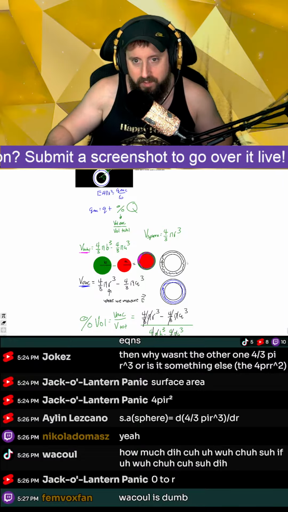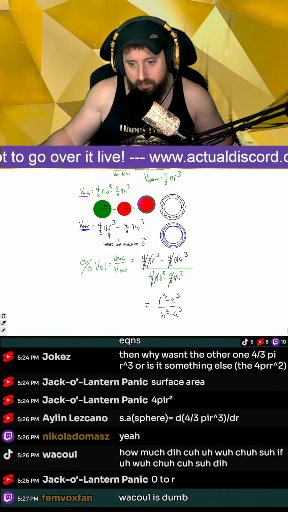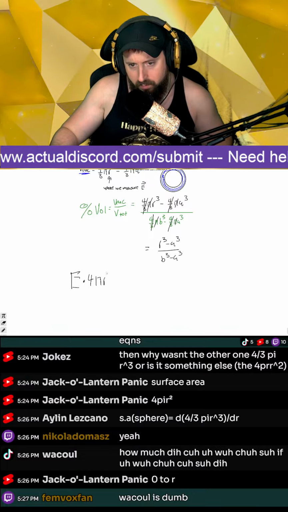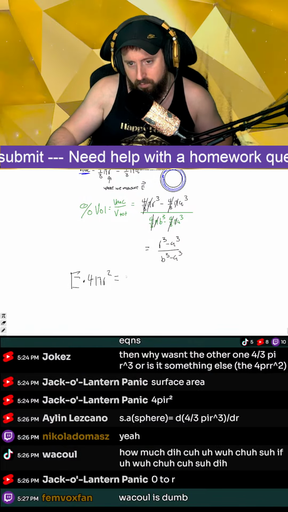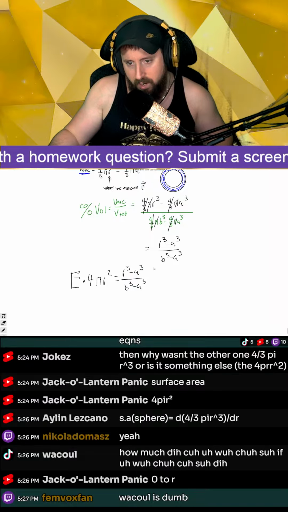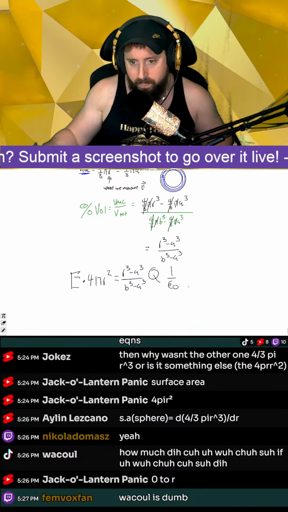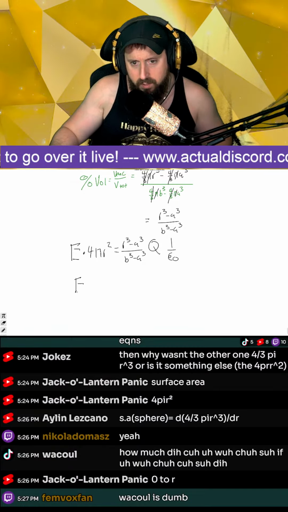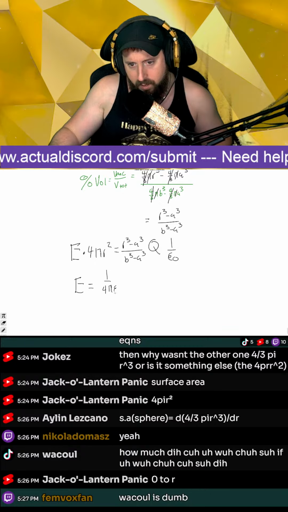And then Gauss's law from before is E times 4 pi r squared. So you have E times 4 pi r squared is equal to Q enclosed, which is the percentage of the volume times Q, all over epsilon naught. So, eventually you get E is equal to 1 over 4 pi epsilon naught.